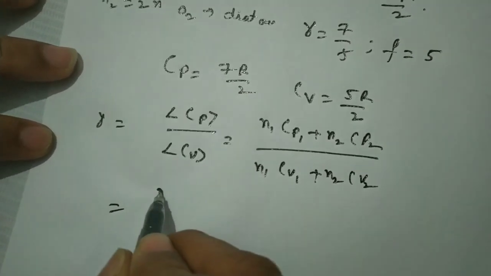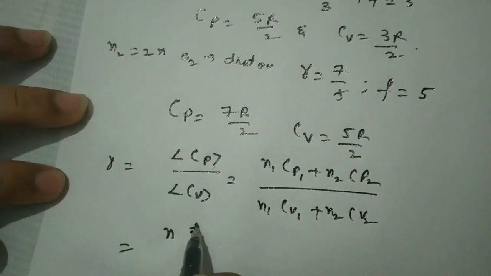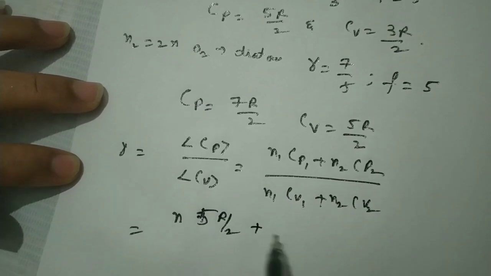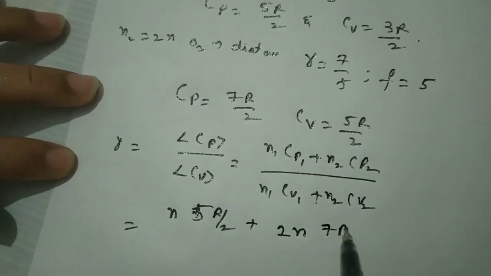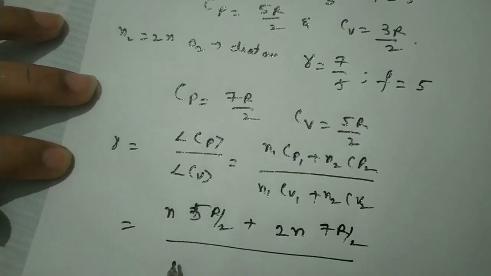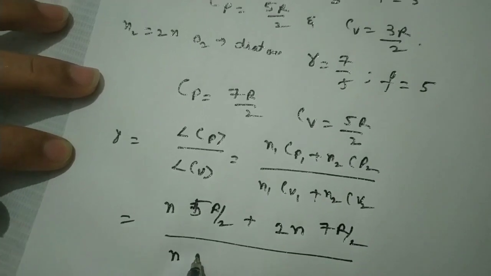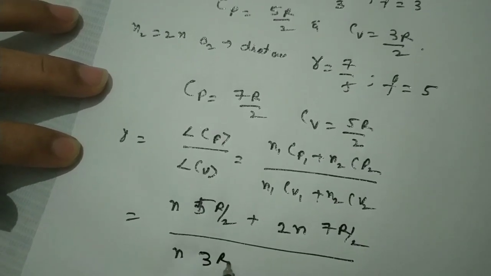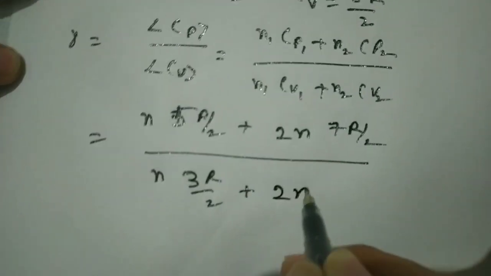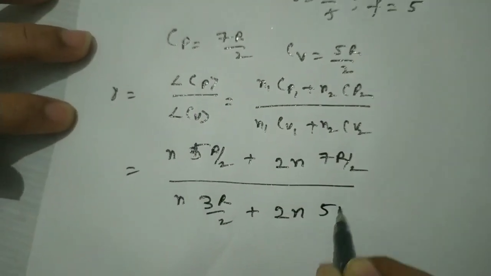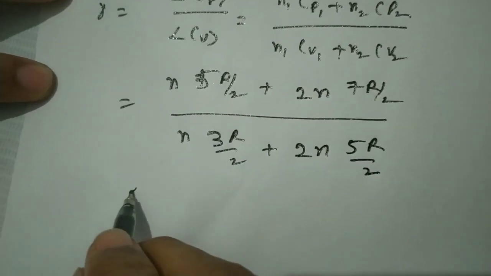N1 is equal to n and Cp1 is equal to 5r by 2, plus N2 is equal to 2n and Cp2 is equal to 7r by 2, divided by n into Cv1 equal to 3r by 2, plus N2, that is 2n, into Cv2 equal to 5r by 2. n and r by 2 get cancelled.